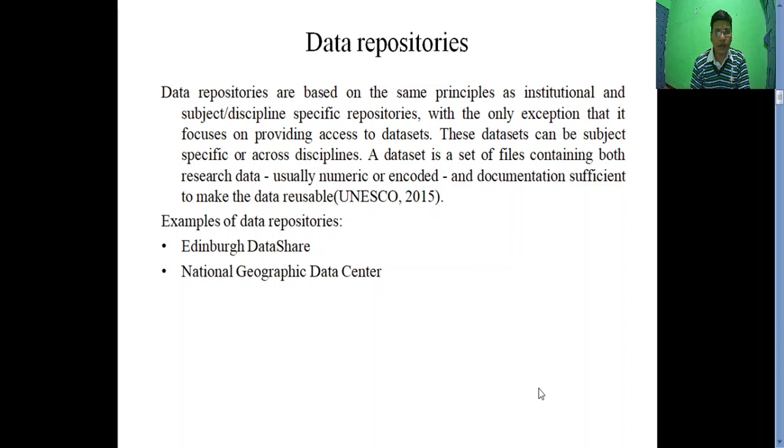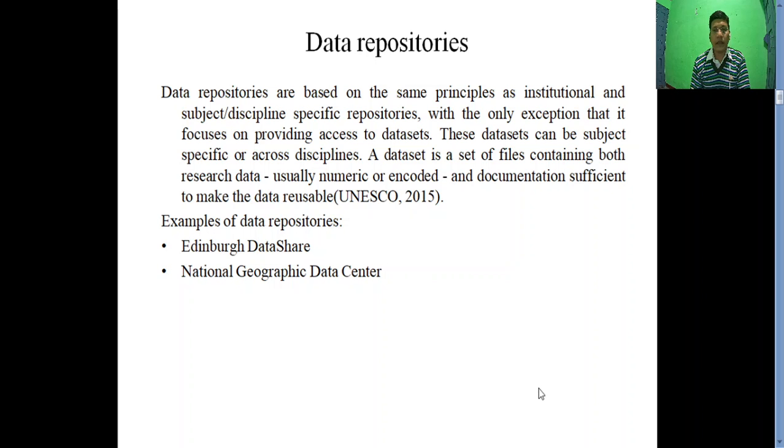What is a data repository? Data repositories are based on the same principle as institutional and subject or discipline specific repositories, with the only exception that they focus on providing access to data sets. These data sets can be subject specific or across disciplines.